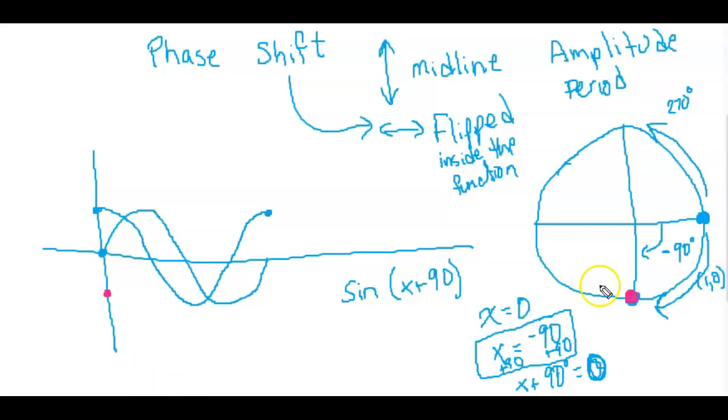And what that means about our actual graph is that my start, instead of starting here at the front, has shifted over here to the left 90 degrees. And so it's going through some stuff before it gets to 0. And then it continues on and on and on. So let's look at a graph and see what that looks like.